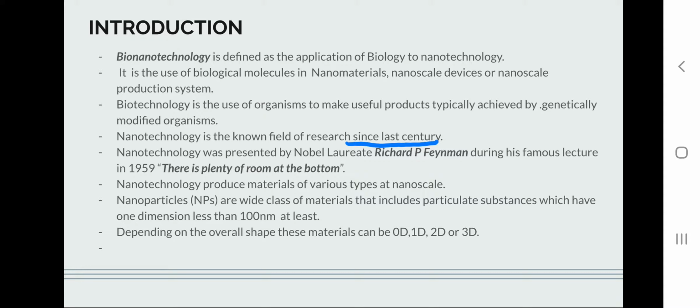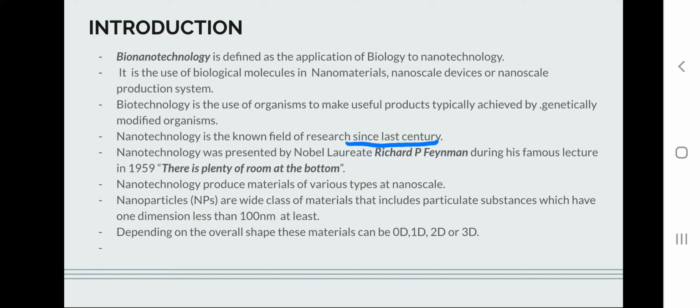Nanotechnology produces various materials in the nanoscale, that is in a range of 1 to 100 nanometer. Nanoparticles are a wide class of materials that includes particulate substances which have one dimension less than 100 nanometer.